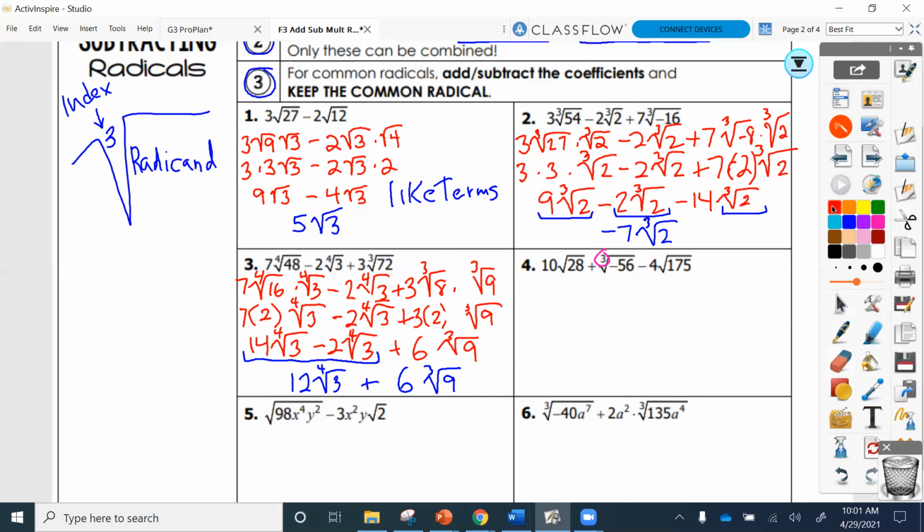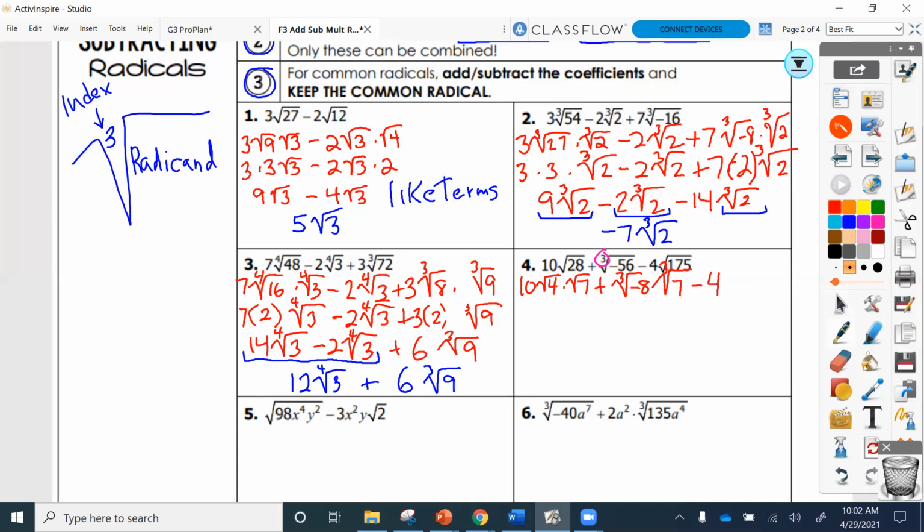All right, so we've got 10 square root, that would be square root of 28. Oops, I want to use red to demonstrate I'm on the red step. So we've got 10 times the square root of 4 times the square root of 7, plus cube root of -8 cube root of 7, minus 4.